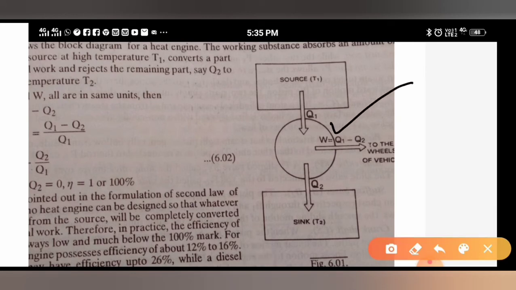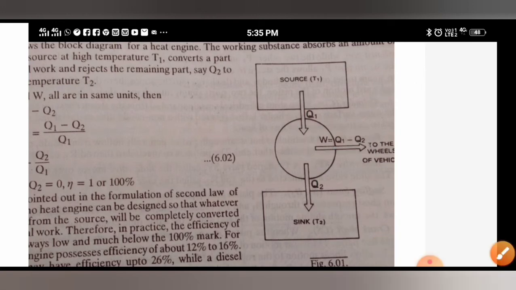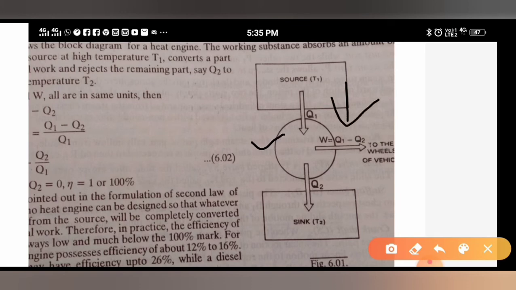The working substance will take heat, Q1, from the source, and it will convert some of the heat into work done, and the rest of the heat will be rejected to the sink. Once again, the working substance takes some heat from the source, converts some heat to work done, and rejects the rest to the sink.